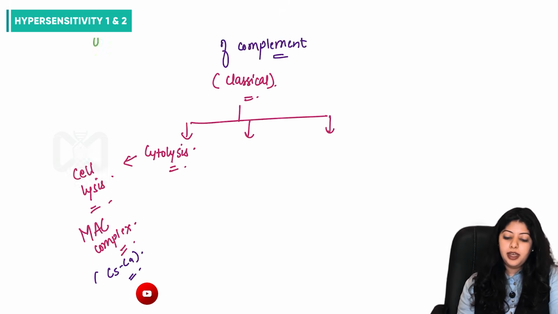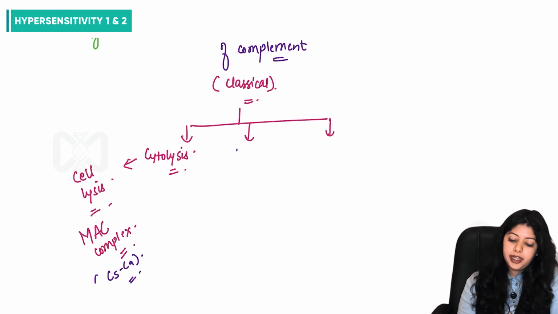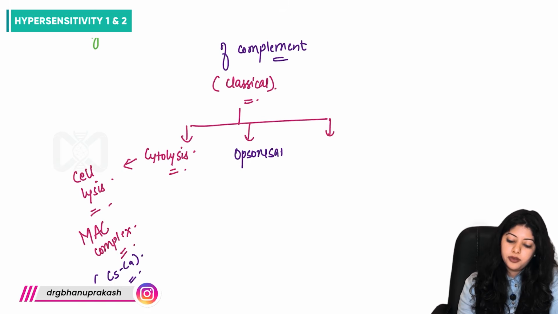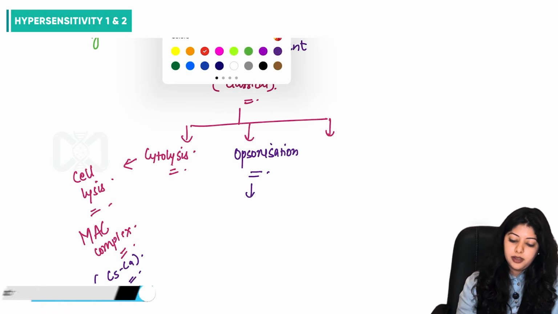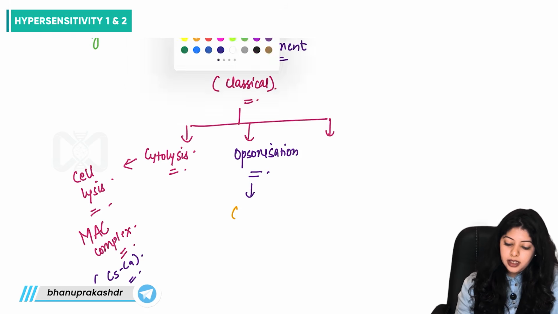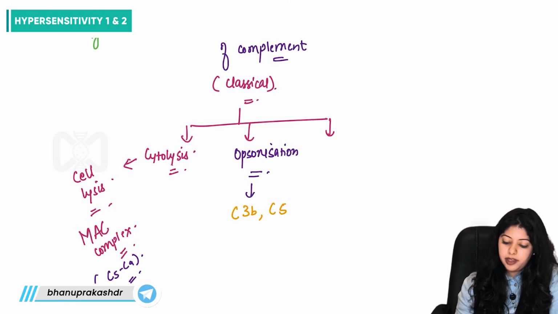Then the other manifestation can be opsonization. So what are the opsonins which are released in classical complement pathway? These are C3b and C5.